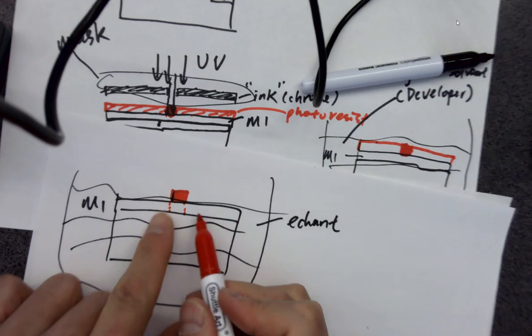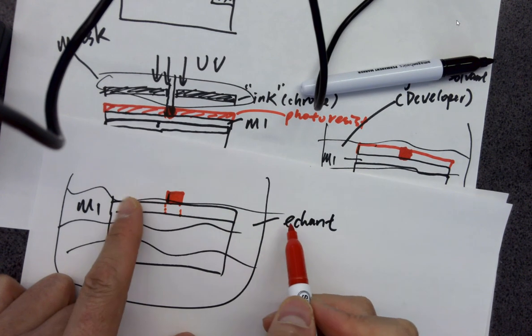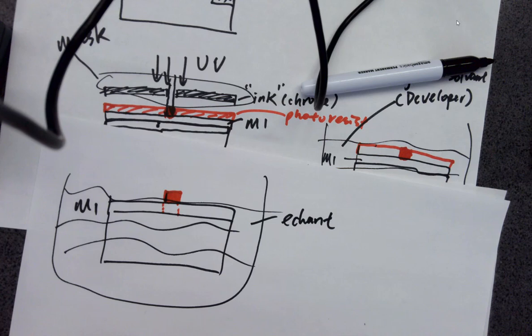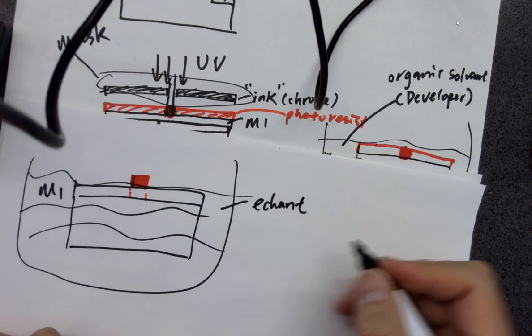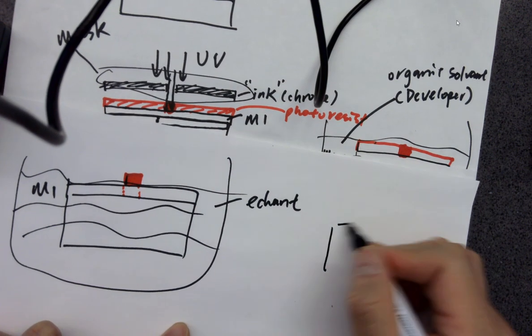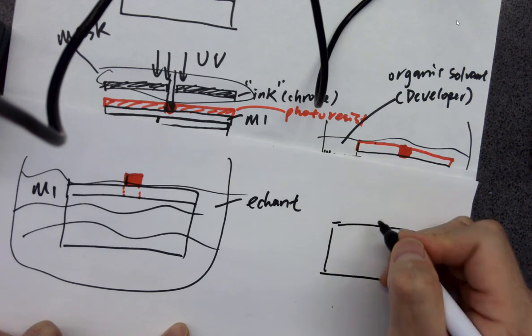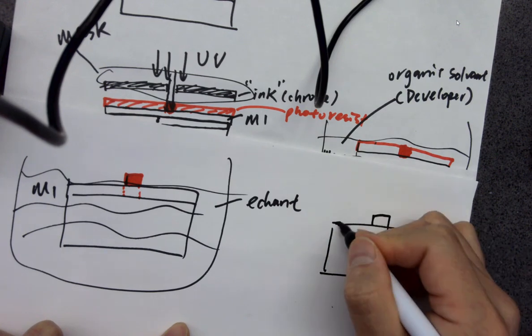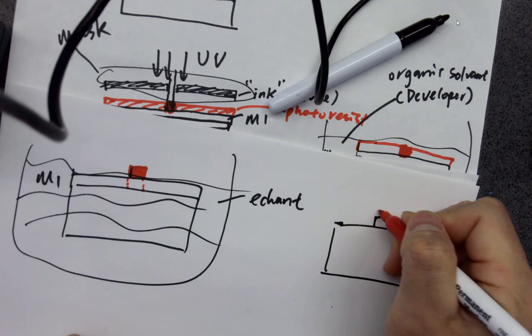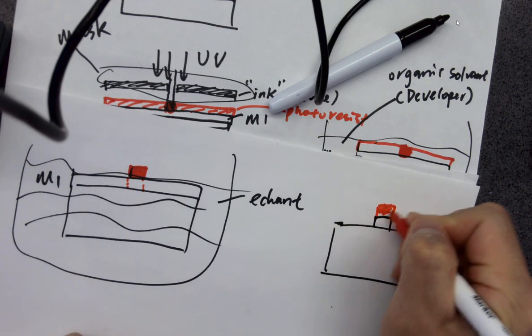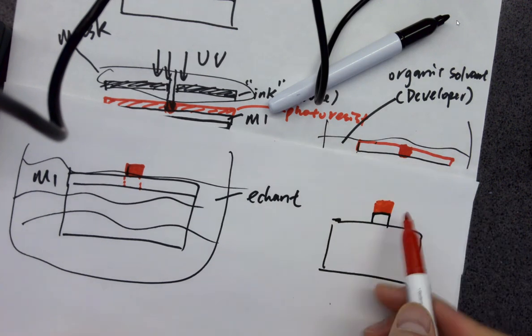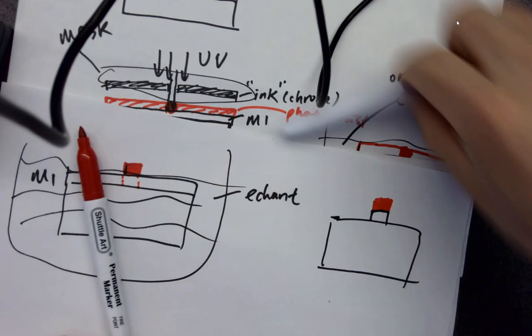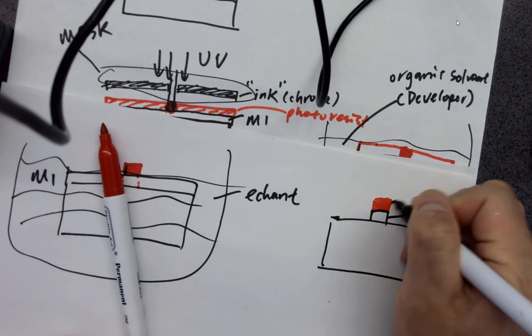But the rest of the metal 1 will be exposed to the etchant. Eventually they will be gone. So after this step, you're having this left on the wafer. So this is the photoresist, and this is metal 1.